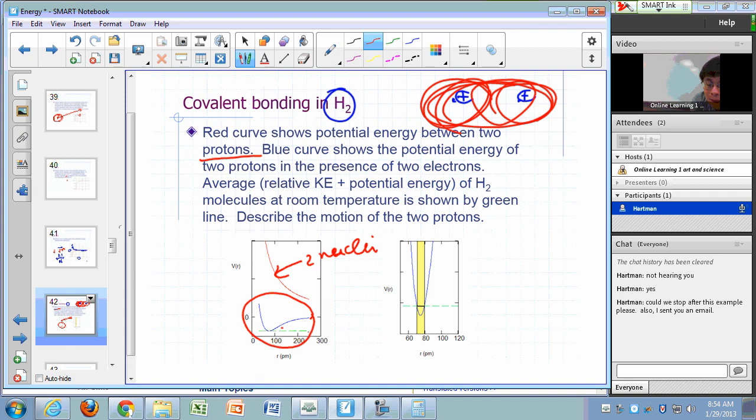Now this green line that I'm showing here is the energy level that corresponds to the average value of the relative kinetic energy and the potential energy of the atoms in an H2 molecule at room temperature. So I've blown that up over here. You can see that's the average kinetic and potential energy of the two atoms in an H2 molecule at room temperature. And so what happens there?